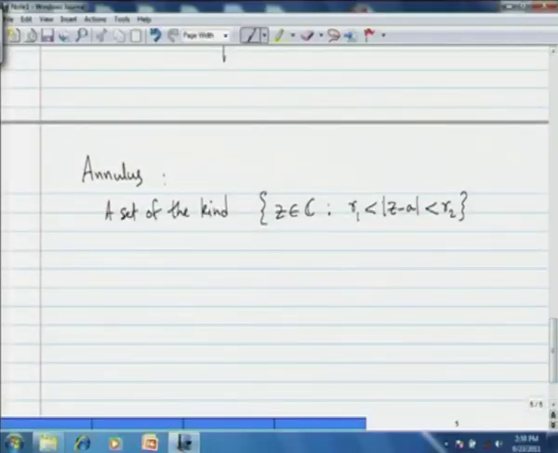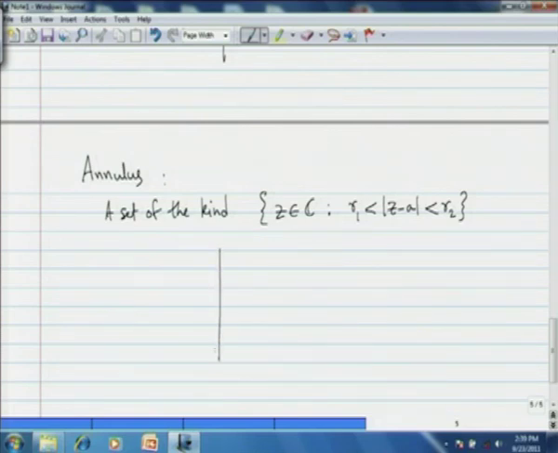So, essentially it is the set of all points which are at least a distance r 1 away and at most a distance r 2 away from a certain fixed point A.